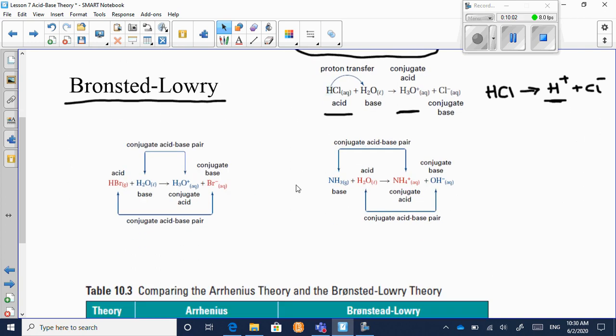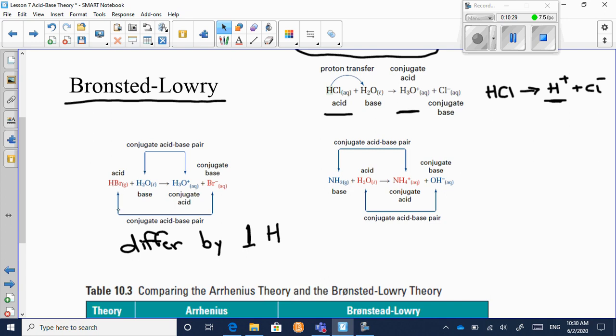So a little bit more about these acid and base pairs. Notice that every acid has a conjugate base, and they differ by one hydrogen. Look at this.